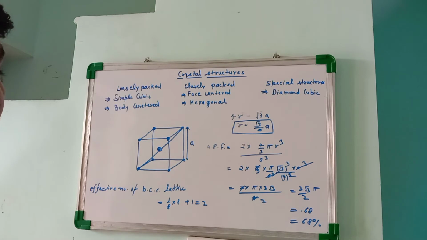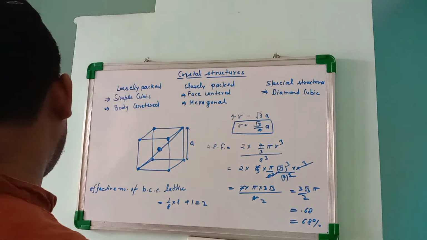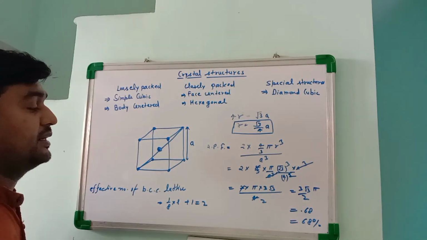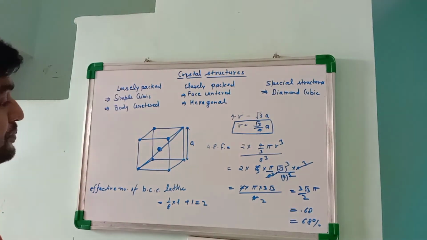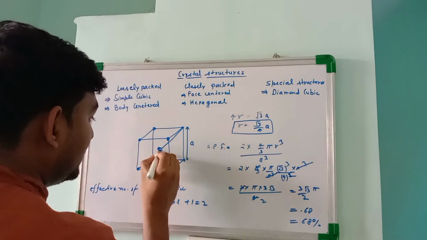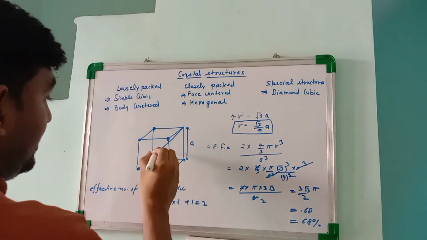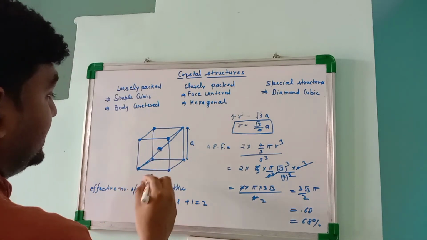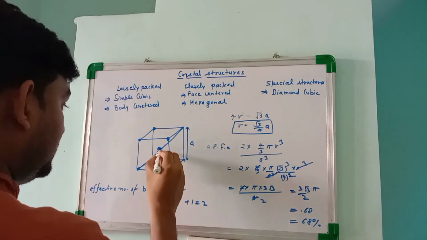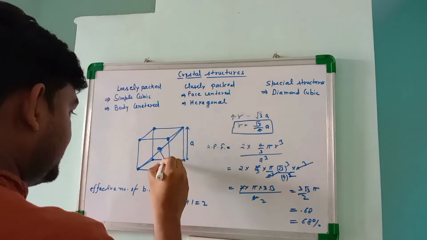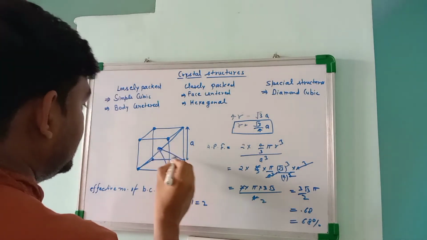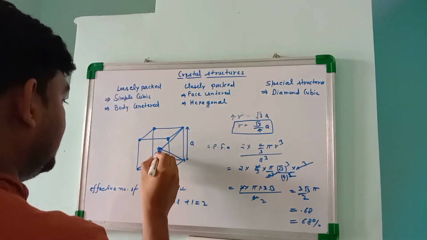Now we see the coordination number, that is, the first nearest neighbor atoms in the body centered cell. This is the body center atom in the body centered cubic cell, and for this, all the corner atoms are nearest atoms.